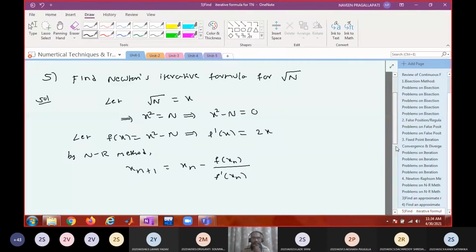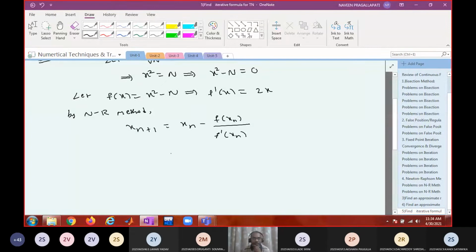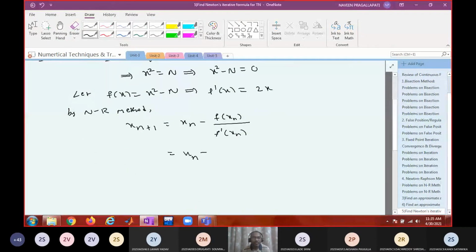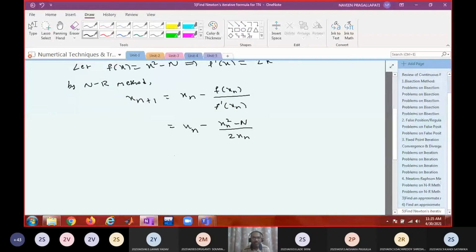So this is equal to xn minus, what is f of xn? xn square minus n by 2xn. You simplify this, as we did before: 2xn square minus xn square plus n by 2xn.